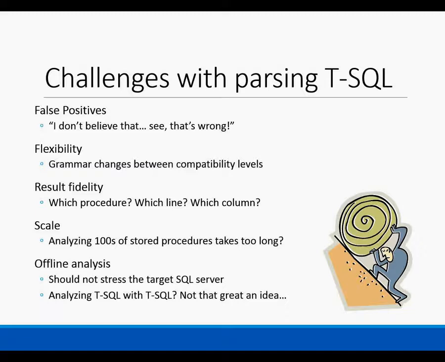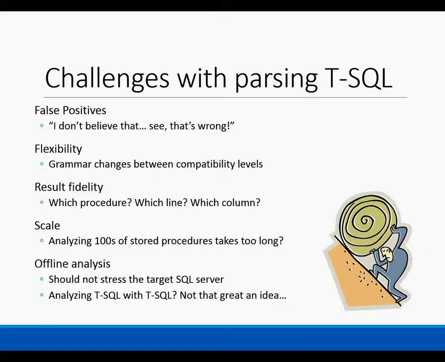And that's just one change. You have so many other changes. There may be statements actually added to the language. A classic example is the merge syntax. That's supported in 2K8 and above, and you want to be able to parse that depending on the version of the server or at least the compatibility level of the database.